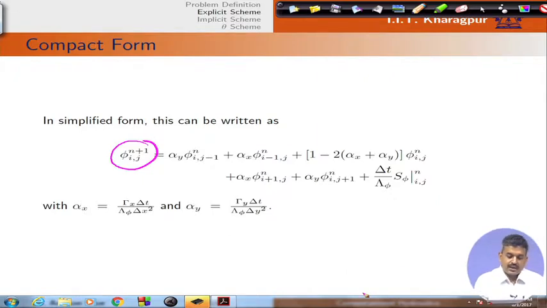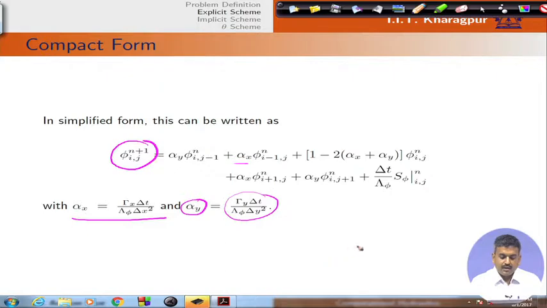So, we can write it in simplified form with this notation: alpha x, where alpha x is gamma x delta t, this lambda phi del x square, alpha y is gamma y del t lambda phi del y square.